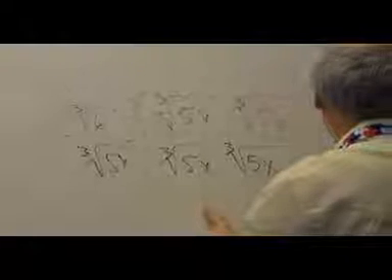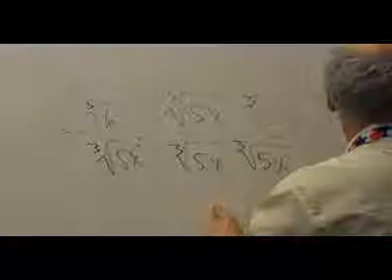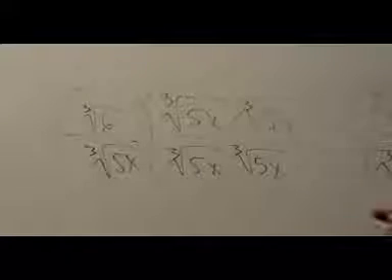Now, there's a couple ways you could write this. I wrote it that way because I thought this would be easier for you guys, but we could have written it like this. I think this is an easier way.